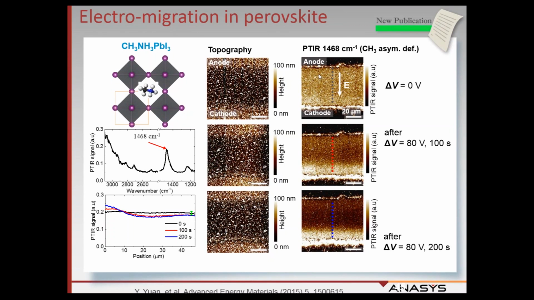If you look at the 1468 peak, which is associated with the methylammonium ion, with no bias it's relatively uniformly distributed across the material. But once you apply a bias of 80 volts for 100 or 200 seconds, you can see how this methylammonium ion migrates and increases in concentration towards the cathode. So really interesting images there.